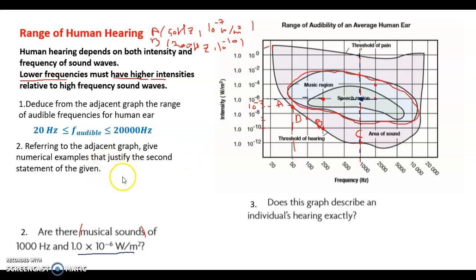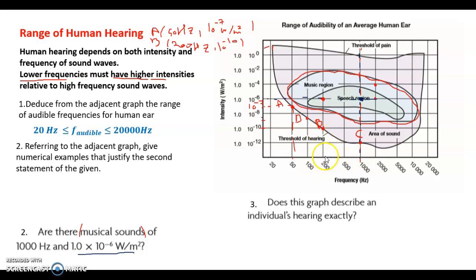Now, referring to the adjacent graph, give numerical examples that justify the second statement of the given. The second statement is: lower frequencies must have higher intensities. If we check the threshold of hearing border and compare, for example, points B and C. B has a frequency of 200 Hz and C 1000 Hz, so here the frequency is less.